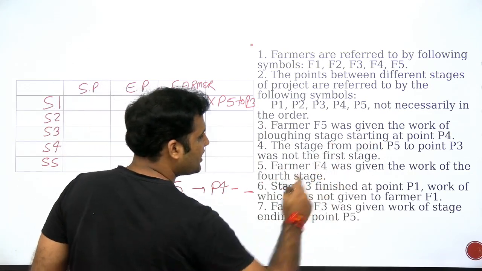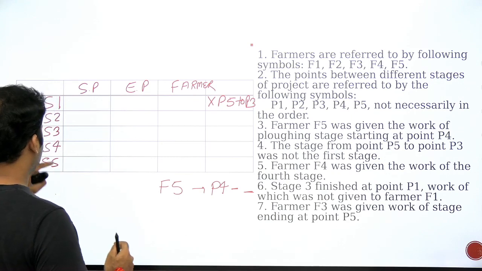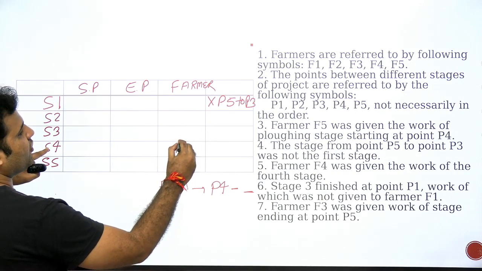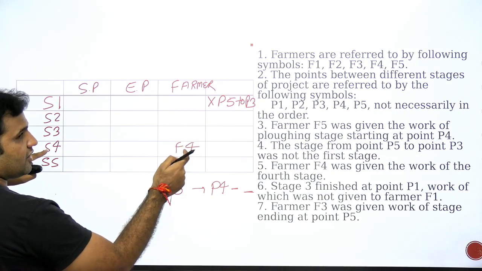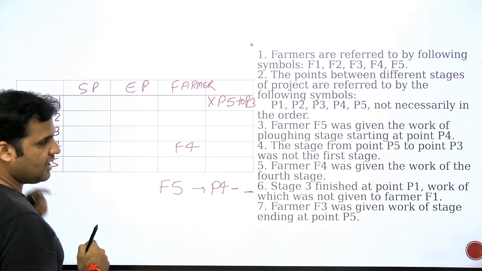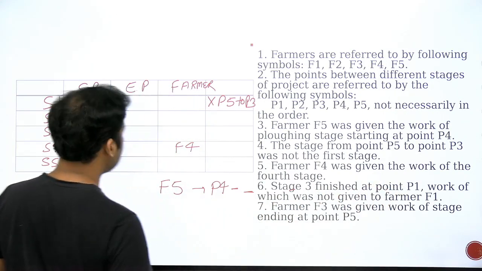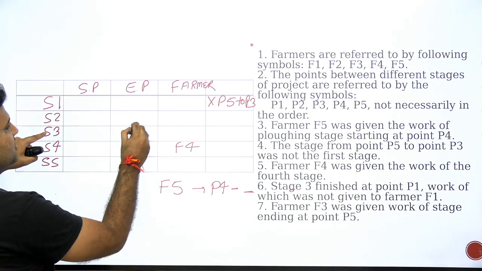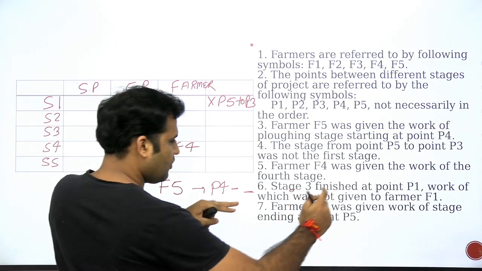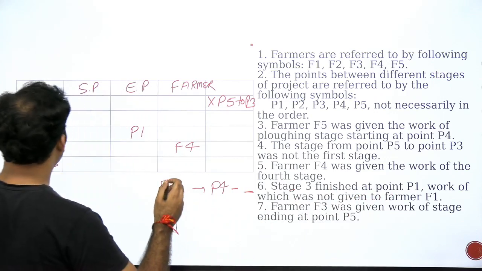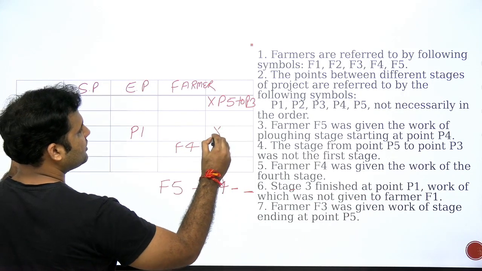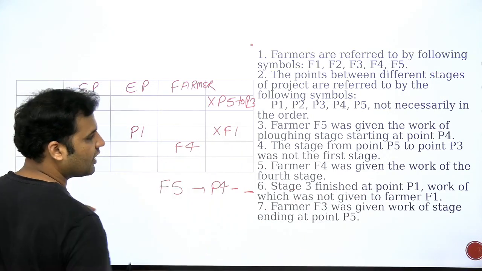Farmer F4 was given the work of the 4th stage. This is the 4th stage, and F4 is the name of the farmer who is handling the 4th stage. Stage 3 finished at point P1. This is stage 3. It finished at point P1. Work of which was not given to farmer F1. The work of this is not given to farmer F1.